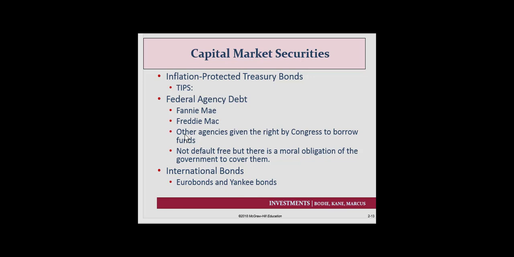There are a variety of federal agencies that are given the right to borrow funds. These are not default free, but there is a moral obligation of the government to cover them. International bonds, certainly we can have Euro bonds, Yankee bonds. We'll talk about these in a little more detail when we get to the bond week.